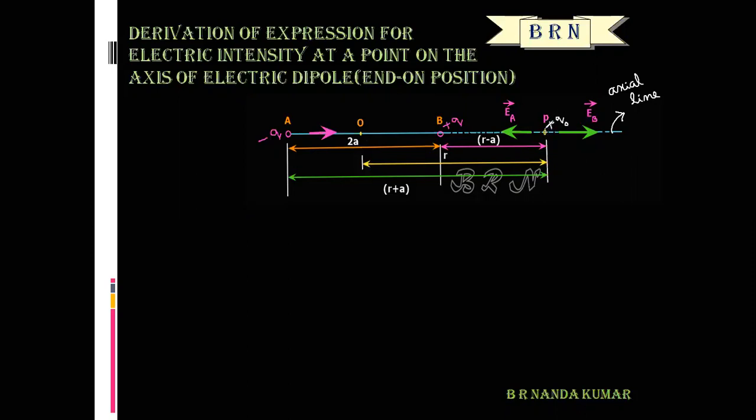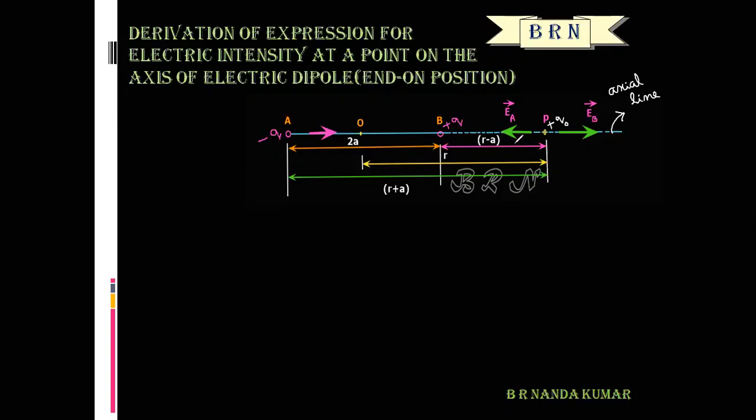Actually, this position is called the end-on position. So at point P, we have to calculate the resultant electric intensity that is produced by the electric dipole.